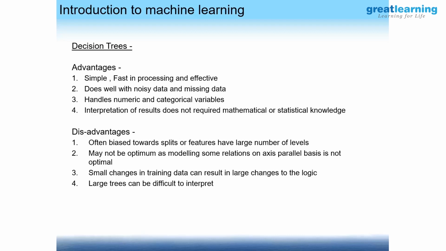Imagine you have two classes, like this. You have been asked to build a decision tree based model which separates these two classes, the defaulters and the non-defaulters. The first thing you do is, suppose I take income. Your model says if the income is less than some amount, the node is most likely to be defaulters, and greater than some amount, likely to be non-defaulters.